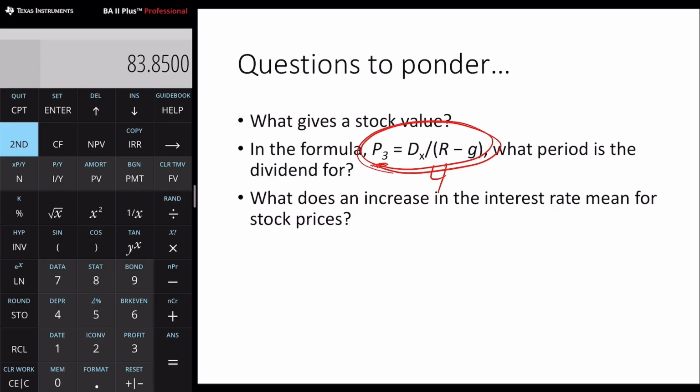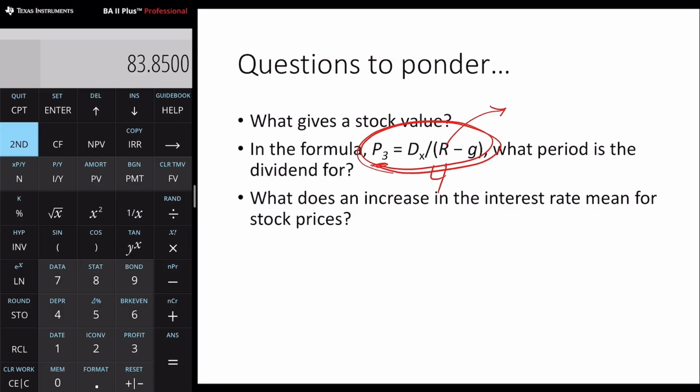And then lastly, what does an increase in the interest rate mean for stock prices? This is something just to get you thinking, especially about, we've always assumed this required return as given. But in reality, that's something that we'll need to estimate. And that discount rate or that required return is sometimes not easy.